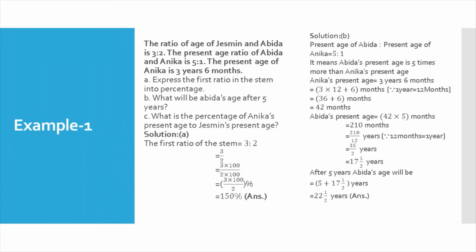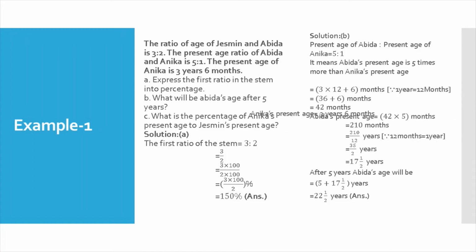3:2, we can write 3 divided by 2 equals 3 multiplied by 100 divided by 2 multiplied by 100, because there is no value change, but because of the subsequent 100 we can write the percentage, and after reducing we get 150%. Now solution number B. From the ratio we know Abida's present age is 5 times Anika's present age.